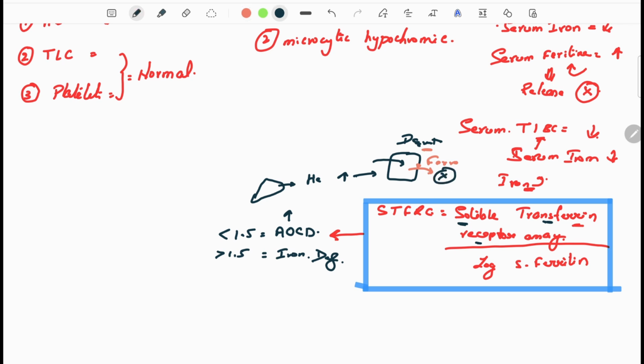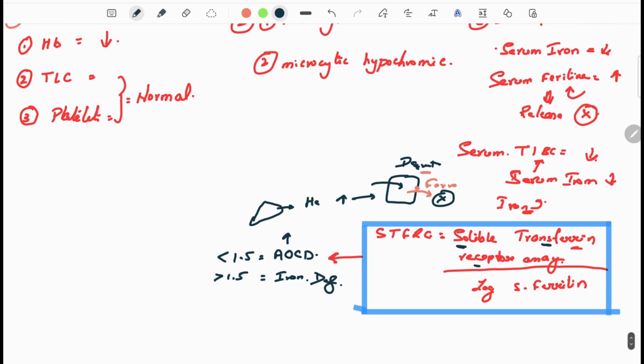So, iron storage will increase. Hence, serum ferritin is getting increased, but iron is not coming out so that it can produce RBC. Absorption is normal, storage is also normal, but utilization is defective. So, serum iron level is decreasing. So, that is the difference.